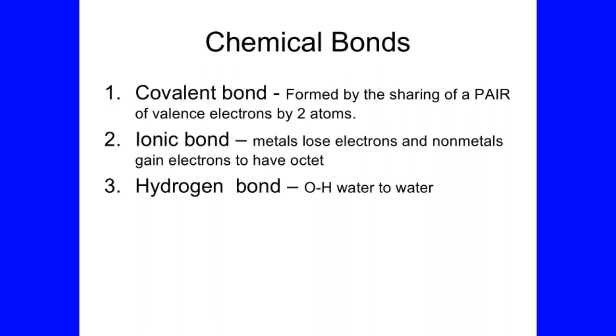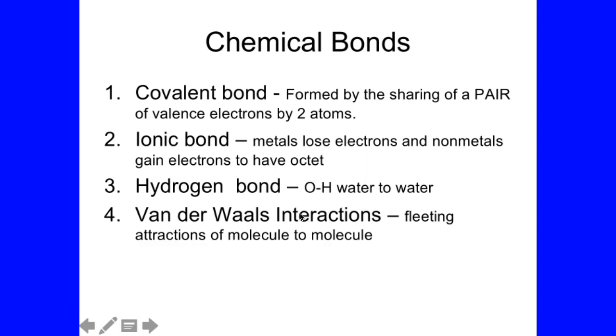A hydrogen bond is weaker than even these two. So it's the strongest, second strongest, and then the hydrogen bond is next. It is whenever you have hydrogen attaching to other compounds. So in the case of H2O, or water, remember that? We had water molecules that were attracted to one another through hydrogen bonding.